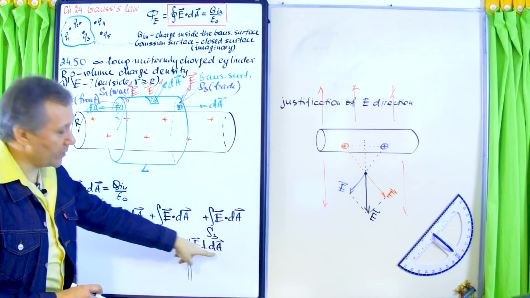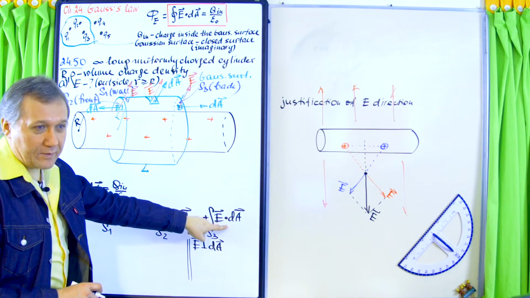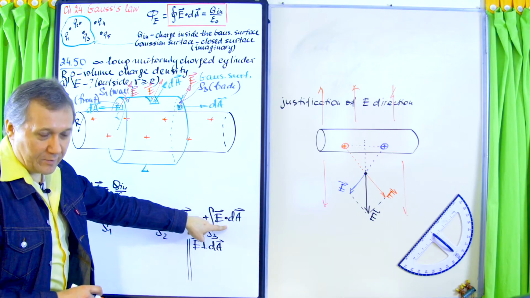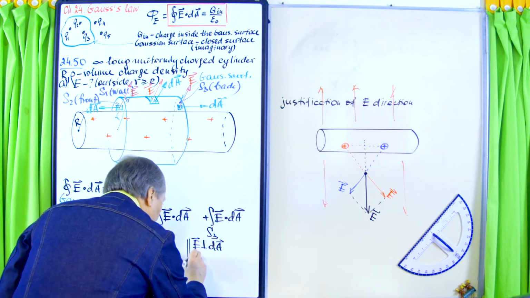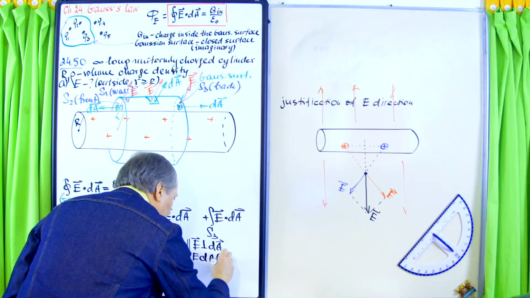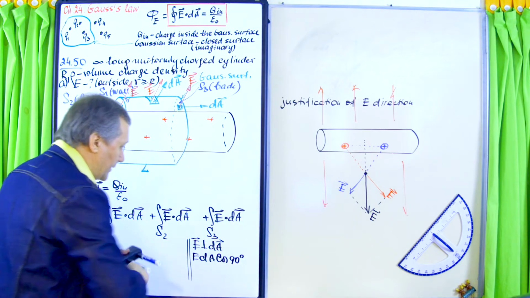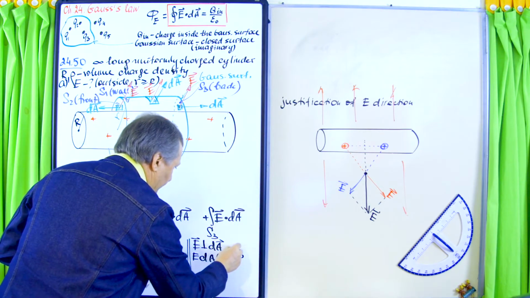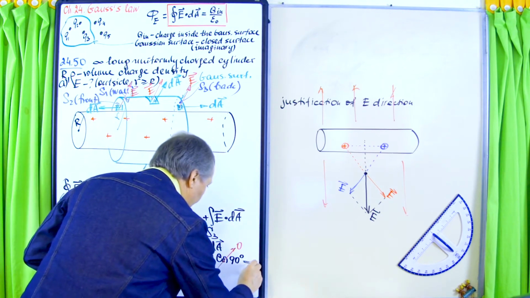So the dot product is 0, because inside of that product we have the cosine of the angle. So of course it will be E dA cosine of 90 degrees, and cosine of 90 degrees is 0.